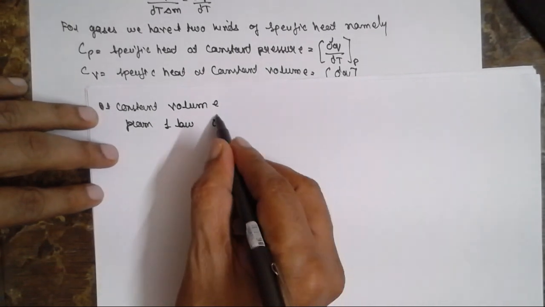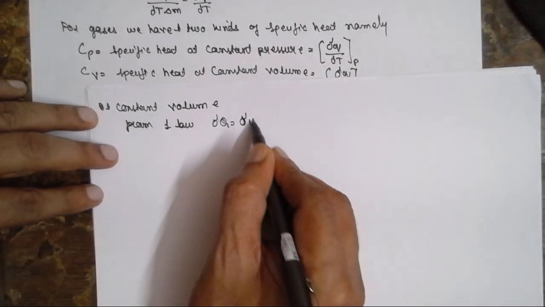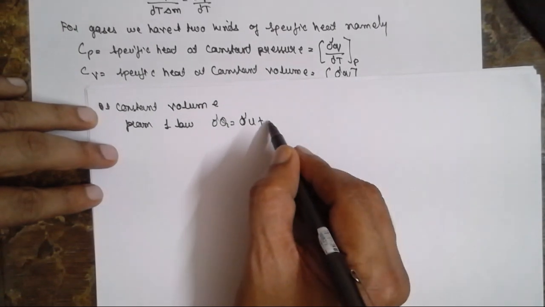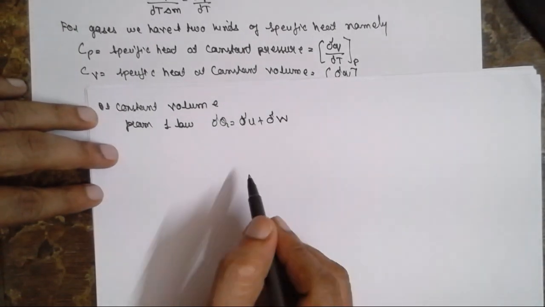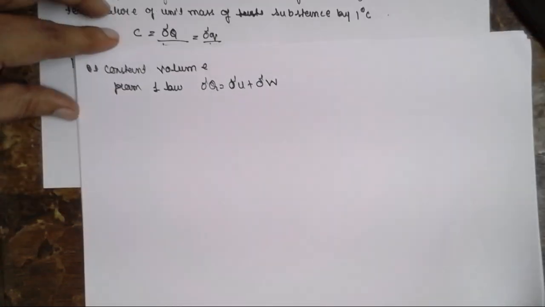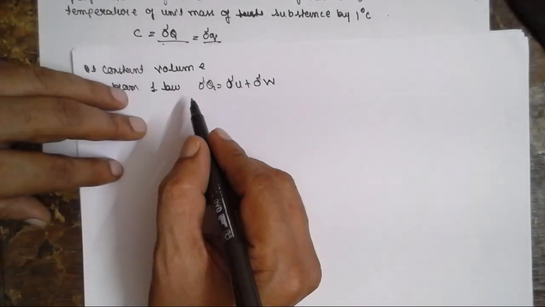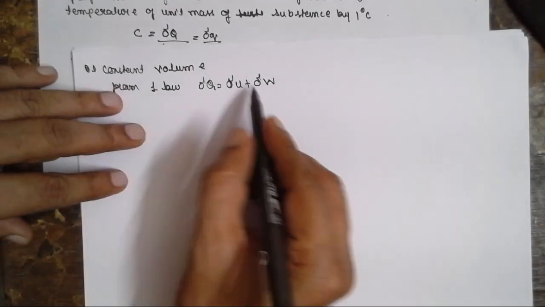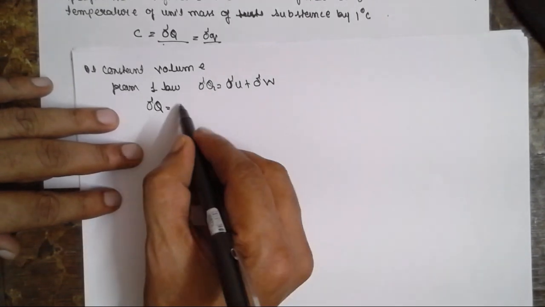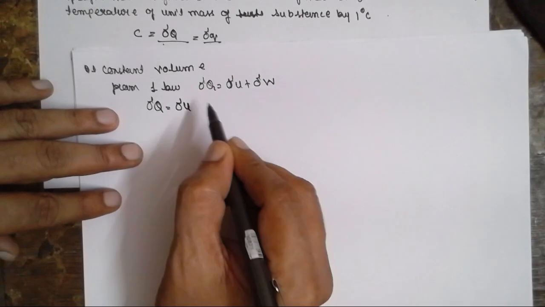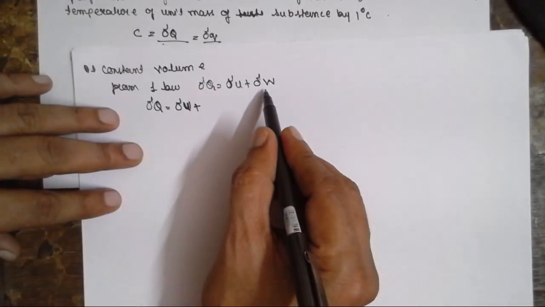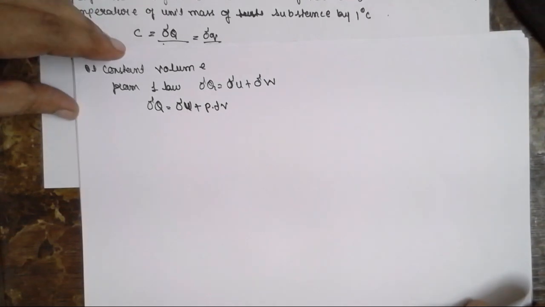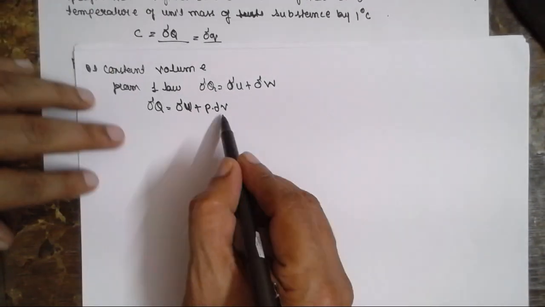We know that delta Q is equal to delta U plus delta W. Here delta U plus delta W, for constant volume we can write as P dV. Work done is P dV for constant volume.